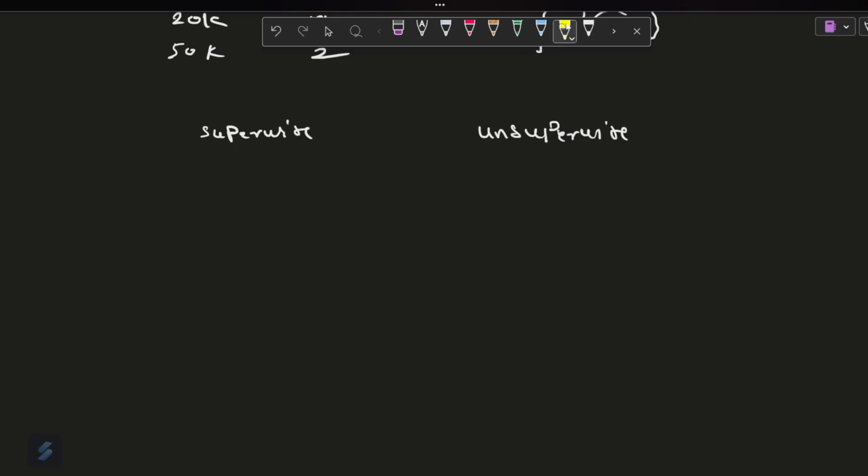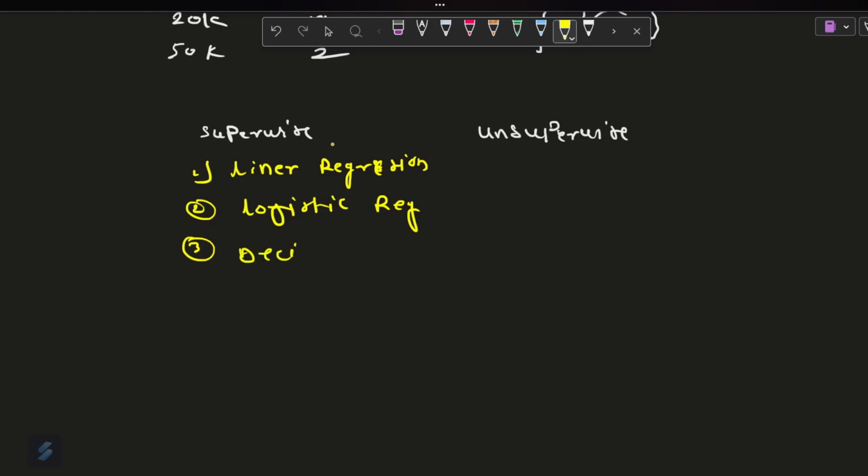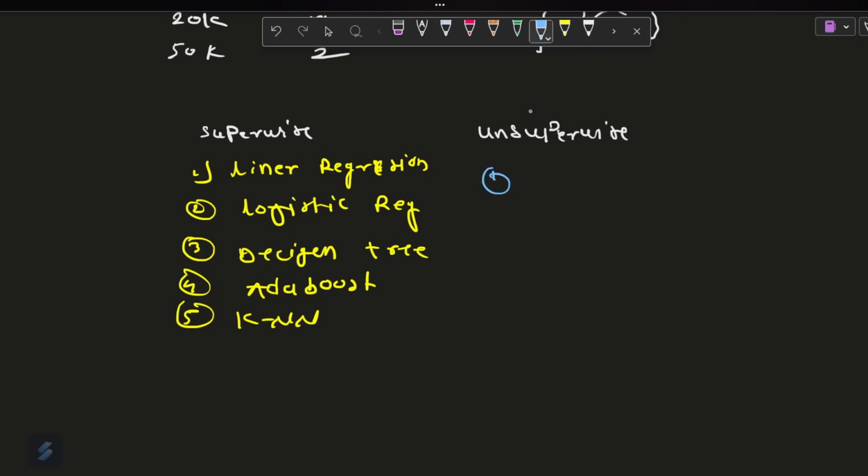In supervised learning, we learn linear regression, logistic regression, decision tree, AdaBoost, and KNN, K-nearest neighbor. Similarly, for unsupervised machine learning, we consider k-means and DBSCAN. Those are all the concepts we will learn.